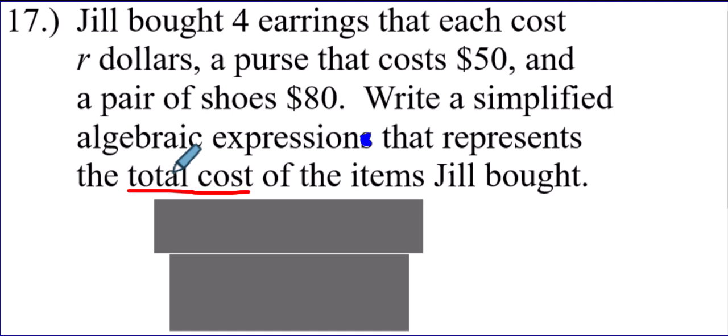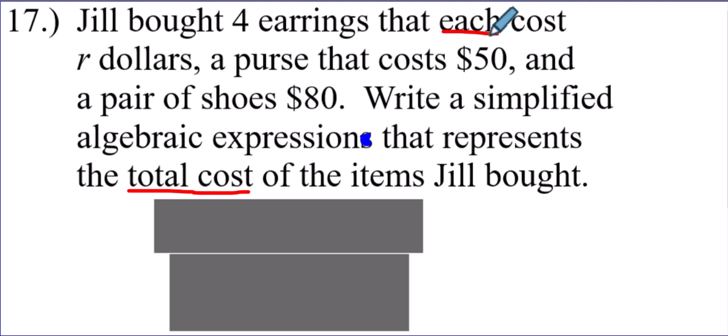Okay, why did I have you underline this? Because when you find totals in real life, you add the costs together. Unless you are buying multiple quantities of something at the same price. Well, we are buying 4 earrings that each cost $R. Now, I know that sounds weird.